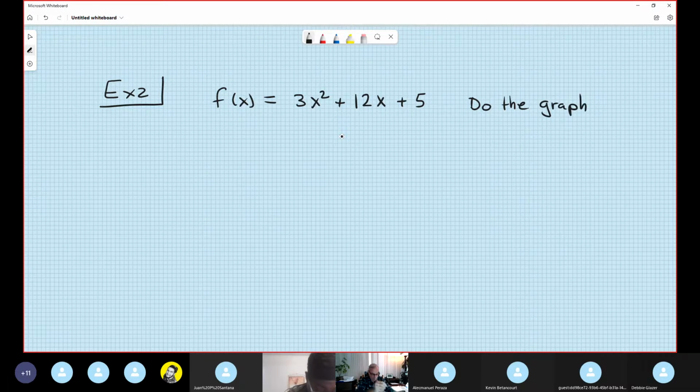Step number one is identification of whether this equation is given or expressed in standard or vertex form. What do you think? Standard or vertex form?